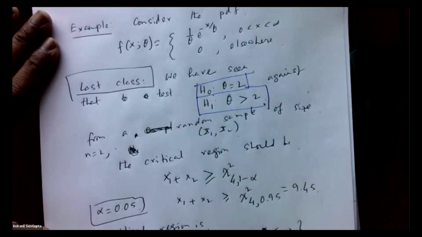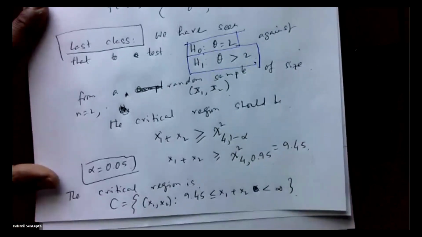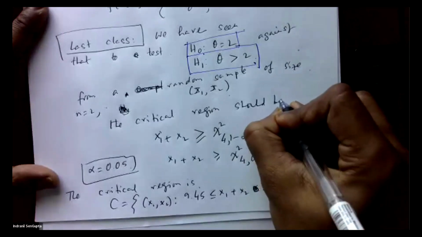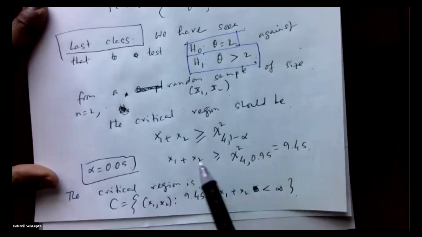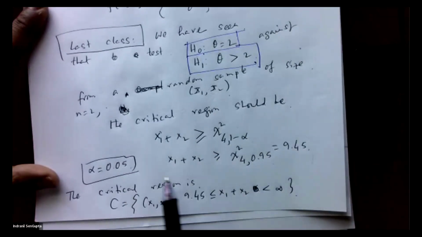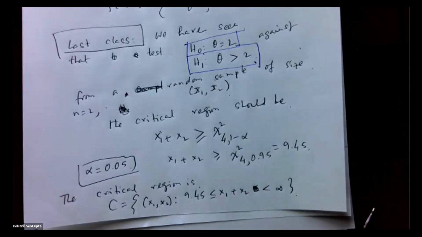But we have seen, building up with the last two examples of the last class, that even in this case I can safely use this as a critical region, and this will be the most powerful test.